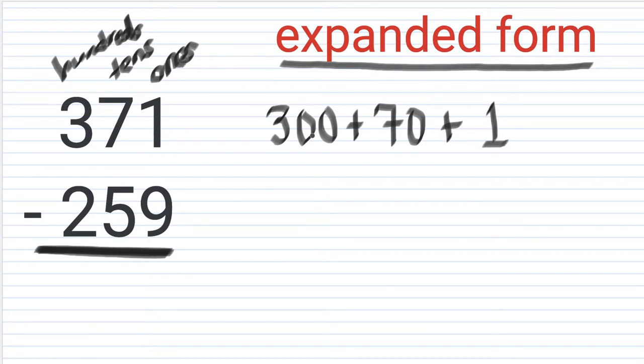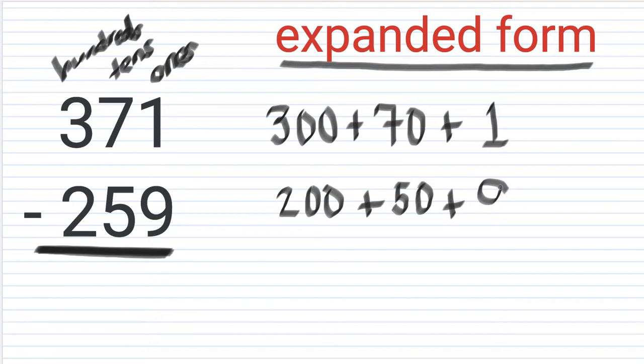If you add 300 plus 70 plus 1, that is 371. Now, how about 259? 200, then it has 5 tens. When we say 5 tens, that is 50. And this one, 9 ones or 9.